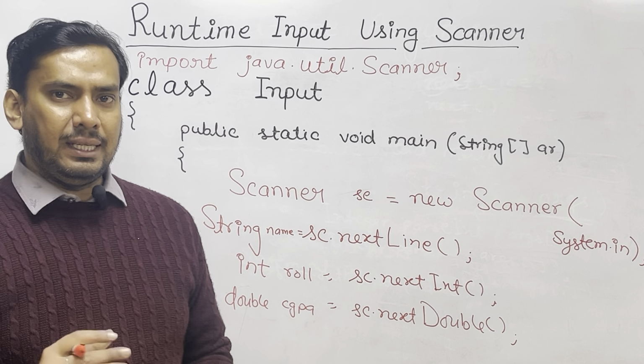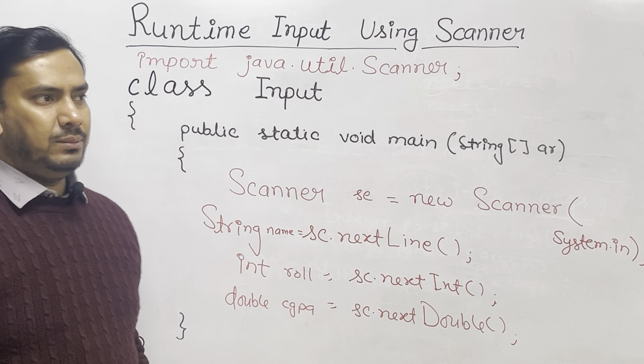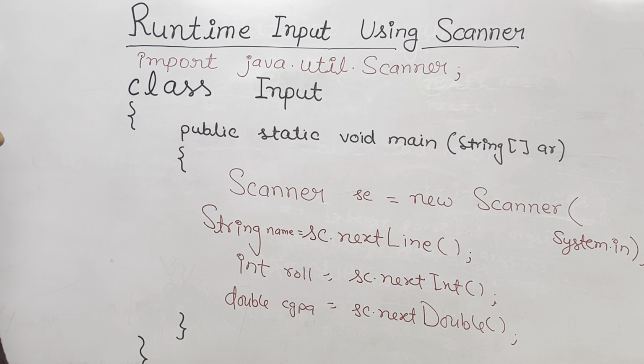But as I said, there is a problem when you are using nextLine. Suppose now I want to read one more input, let us say your father's name. How will we read the father's name?